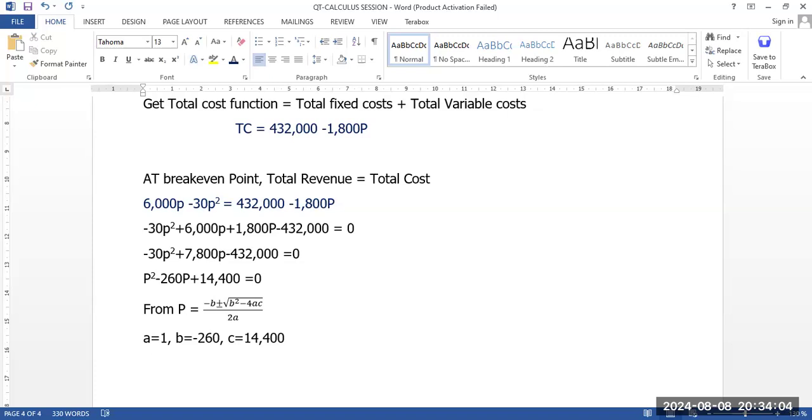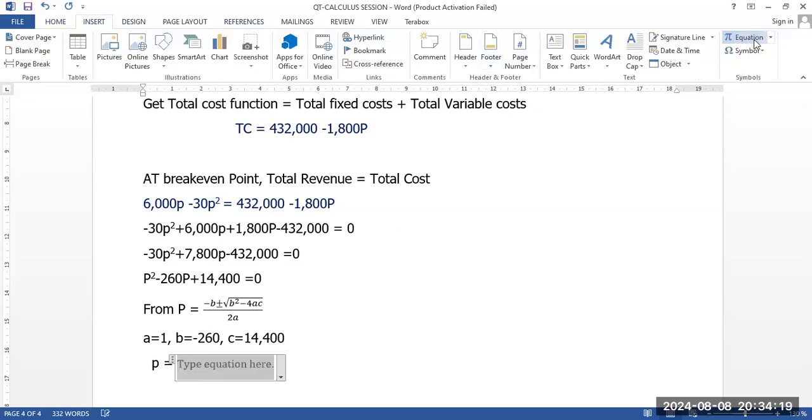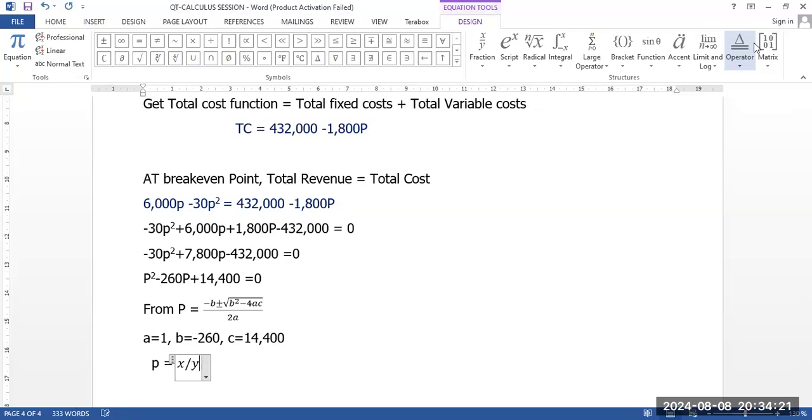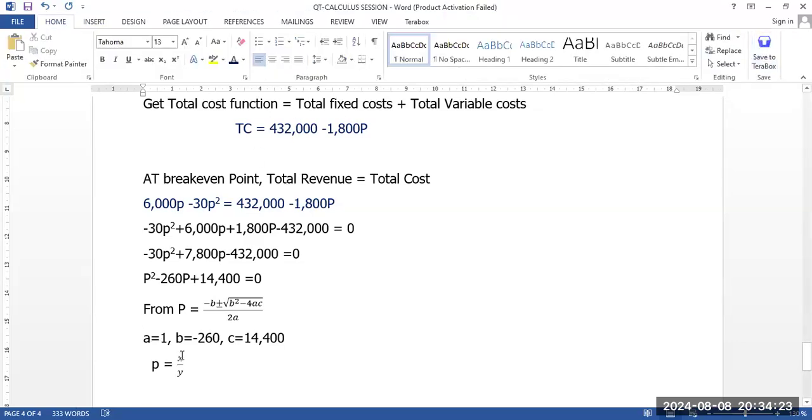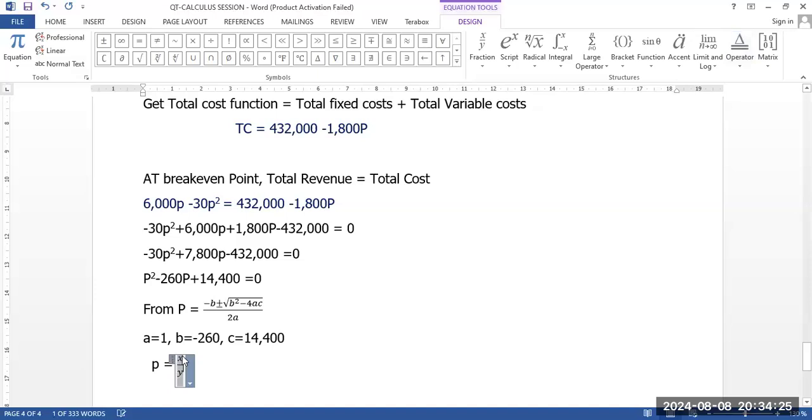Your P will be equal to positive 260 minus or plus what? Substitute very fast and tell me.